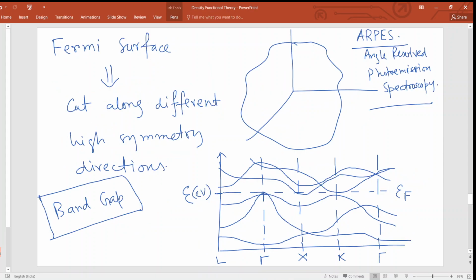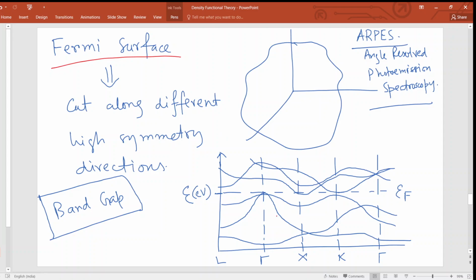Okay, so now there is another thing which you get from here, that is called the Fermi surface. You are familiar with Fermi energy EF, which is one particular value.